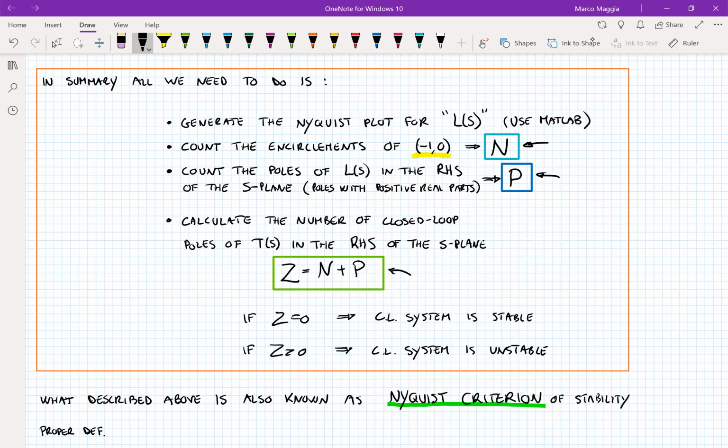Use the trick that I taught you. Count the poles of L(s), which are the same as the poles of L(s) plus 1, with positive real parts. Sum N and P together, and you have Z. If Z is 0, good. Closed loop system is stable. If Z is positive, closed loop system is unstable.